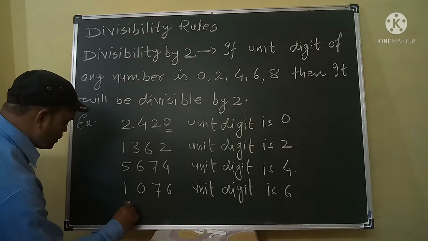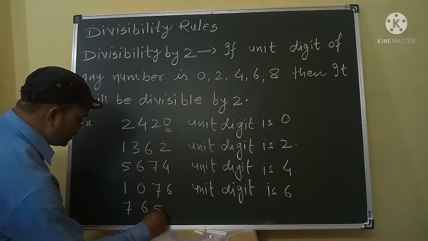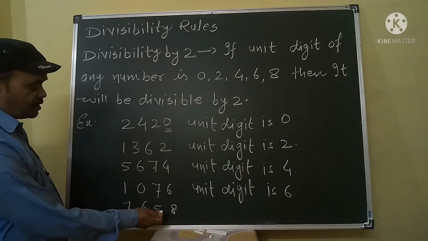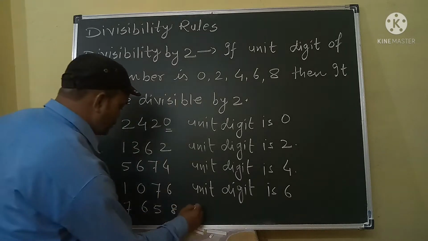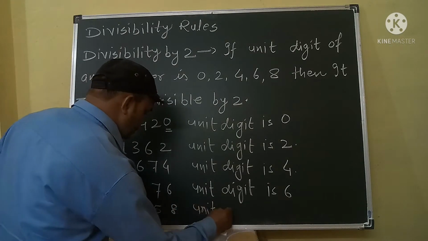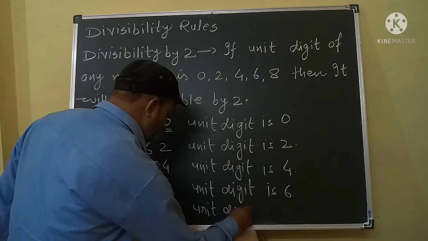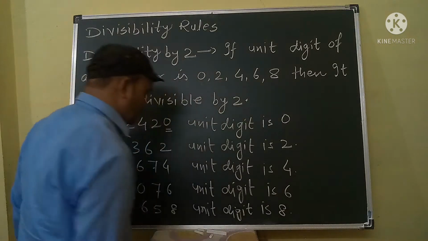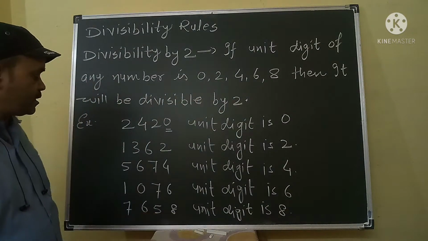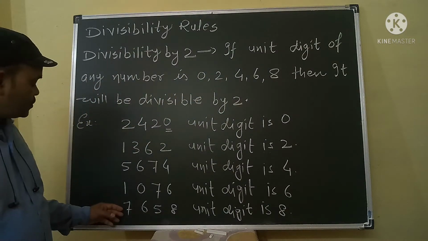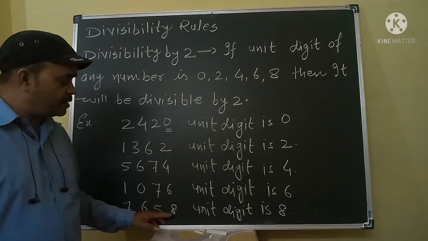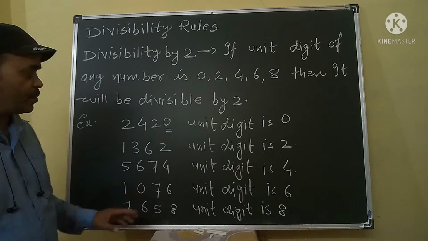In another example, 7658. In 7658, the unit digit is 8. Therefore, 7658 will be divisible by 2.